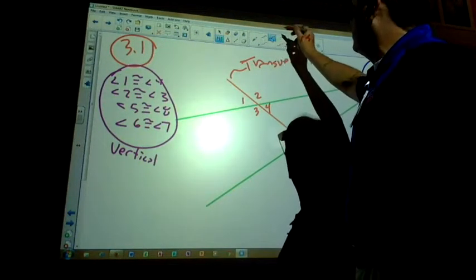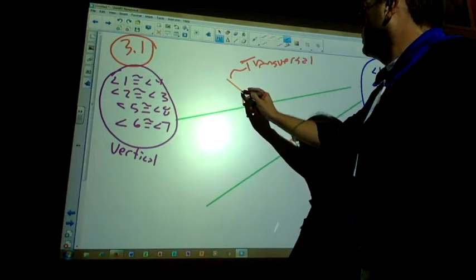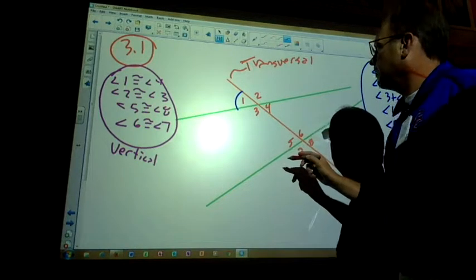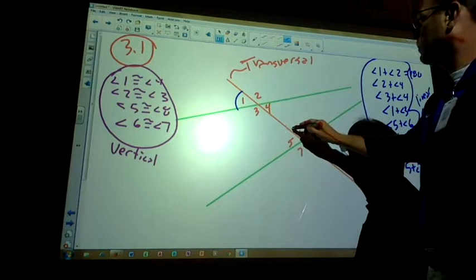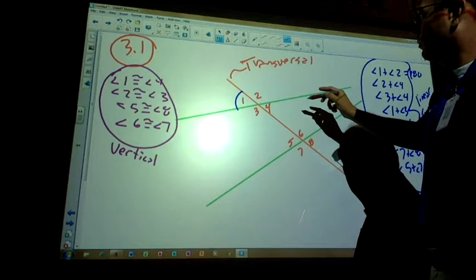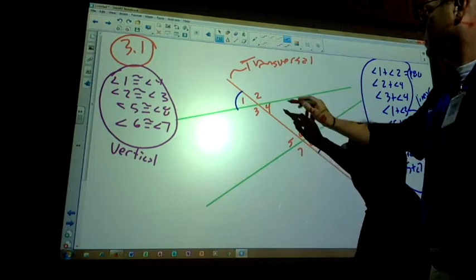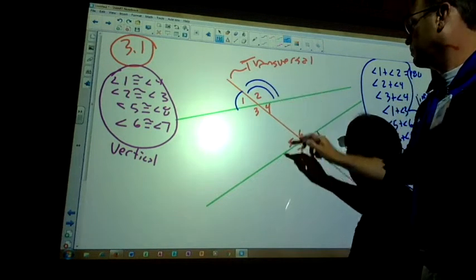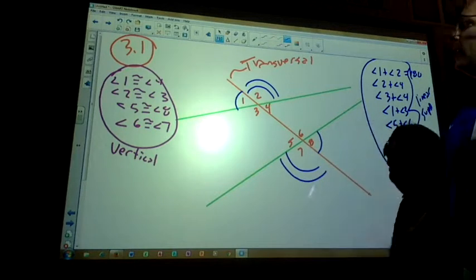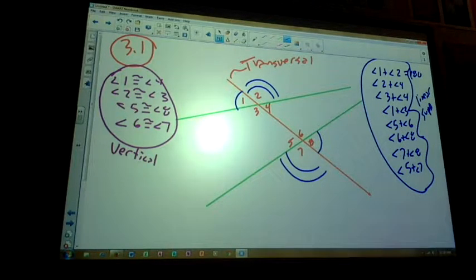Next thing we're going to do is, we'll do this in blue. Angle 1 and angle 8 are alternate exterior angles. Angle 2 and angle 7 are alternate exterior angles as well.